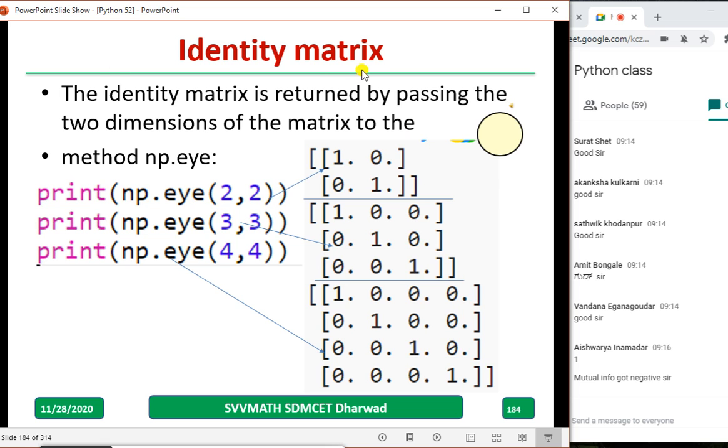The identity matrix is written by passing the 2 dimensions of a matrix to the method. What is that? np.I. I am taking 2, 2, 3, 3, 4, 4, 5, 5. Simply you execute this, you will get an identity matrix. Copy down 2, 3 instructions. Result, all of you know the meaning of identity matrix. Take a heading, identity matrix, then copy down np.I 2, 2, np.I 3, 3.